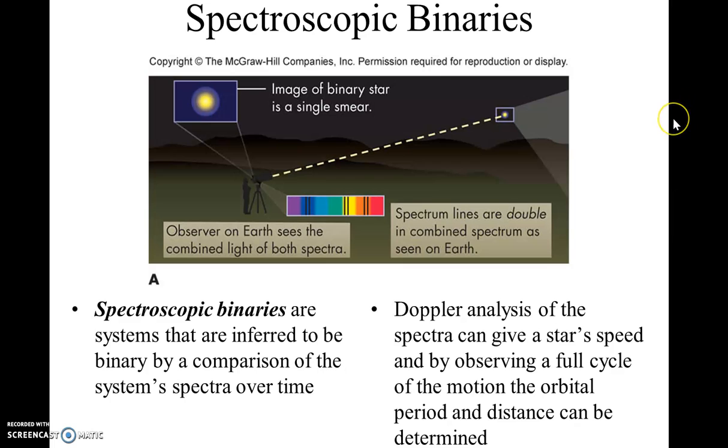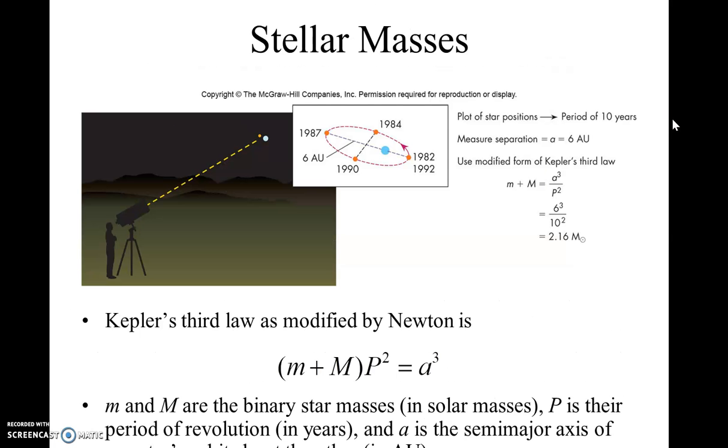One of the things we can do with some of these binary stars, what are called the eclipsing binaries, is use the original Kepler's third law.